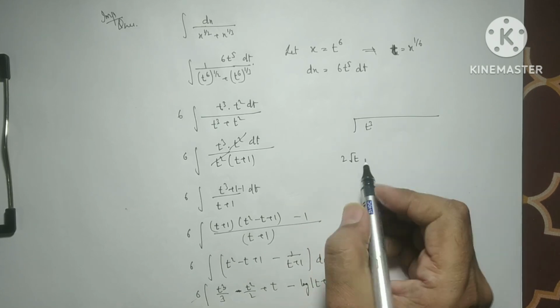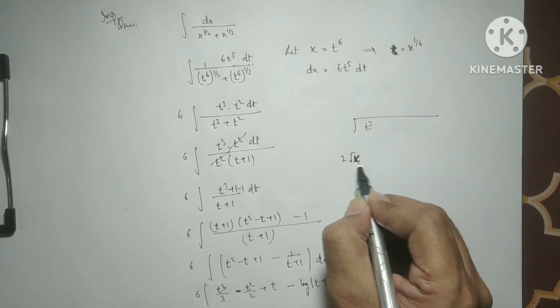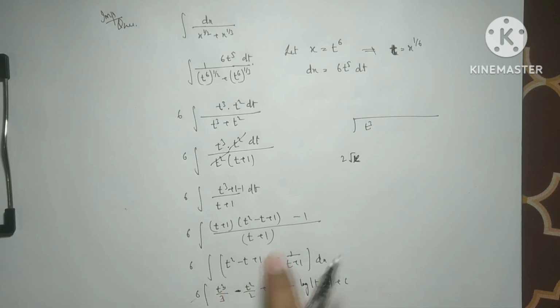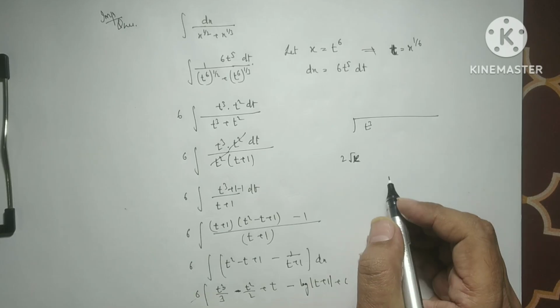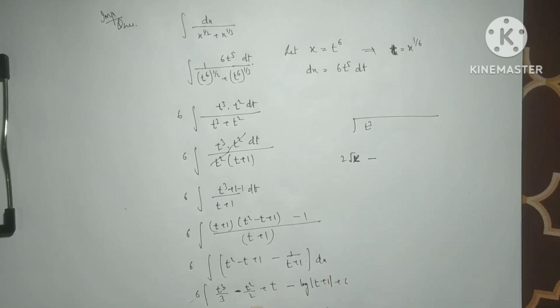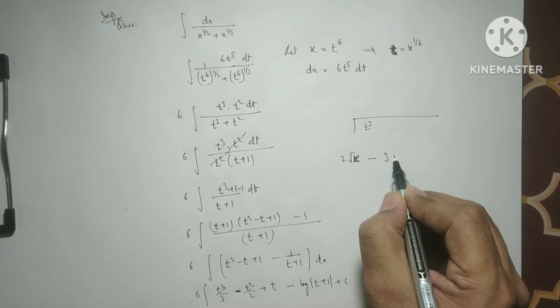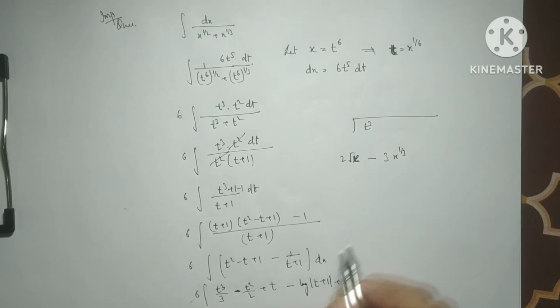You will collect half power, this is cube, and this is 1/6. Same way, when we place this, we get 1/3, which means cube root. So it is 3 x to the power 1 by 3.